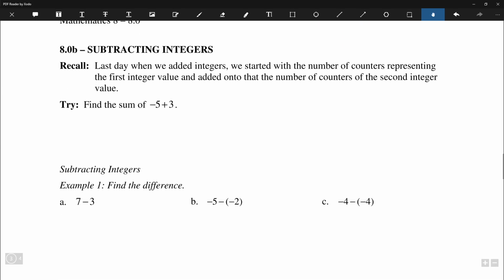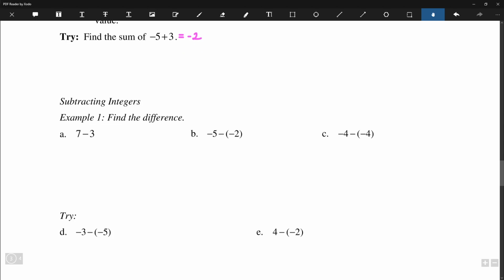Moving on to subtraction. So see here, it would have been a review question. We start at negative 5 and then move 3 spaces to the right, and we have a sum of negative 2 in this case. Next up, we're going to find the difference and subtract integers.